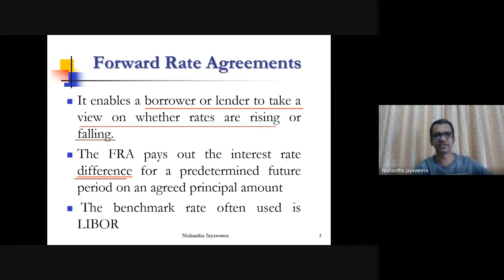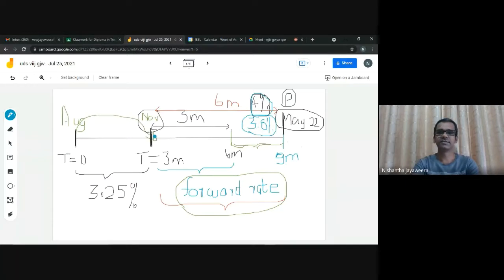You don't pay the full interest or you don't receive the full interest. It is a difference between the fixed rate, that means the agreed rate, and the really applicable interest rate for that period. Again, it's not just a simple difference, and you don't wait until this date to make the payment. You make the payment on this date itself. So we'll come to that. How do we decide that figure?